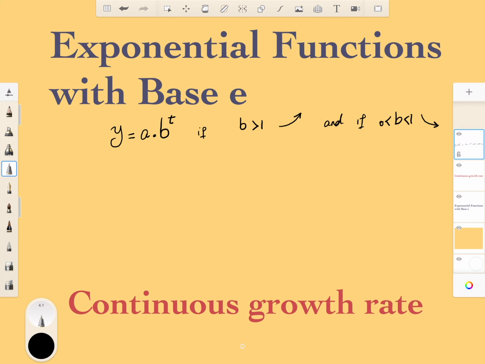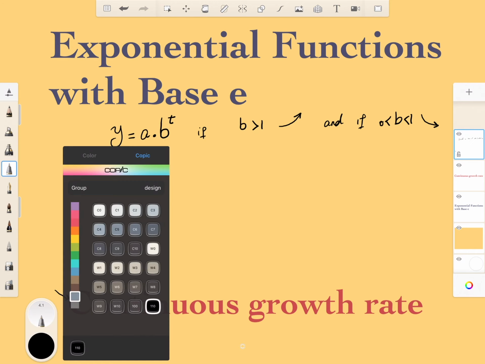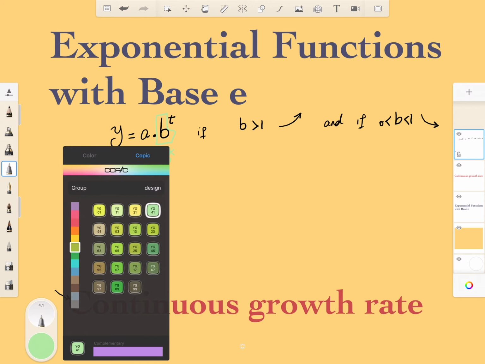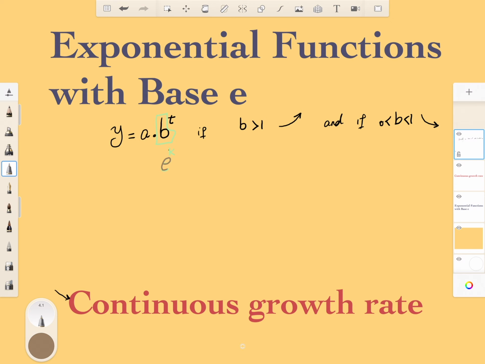Now we're going to learn about continuous growth rate. What we do is bring in e. Instead of this b, I'm going to put e to the power of k. So e to the power of k will be our b.